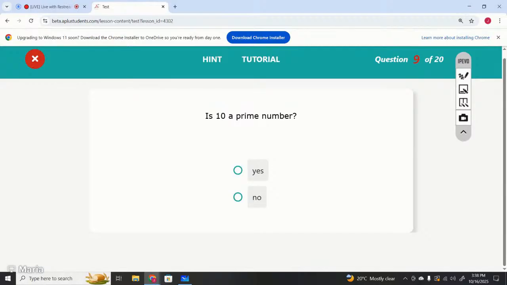Is 10 a prime number? No, 10 is not a prime number. Option number 2 is the correct option. Is 3 a prime number? Yes, it is a prime number.